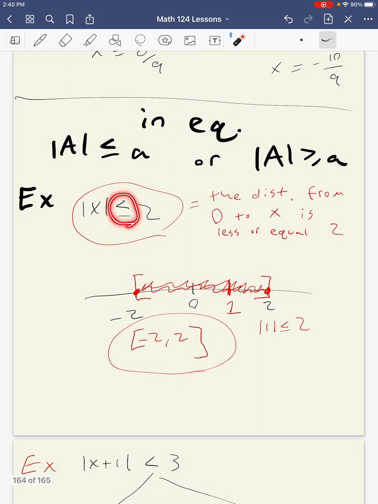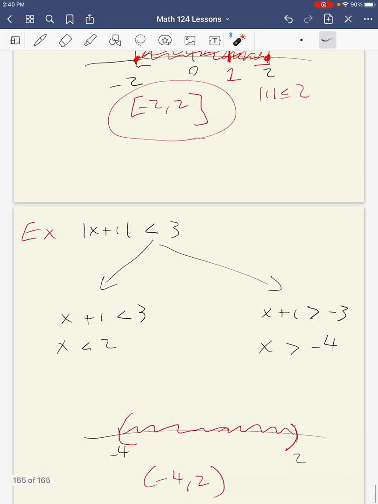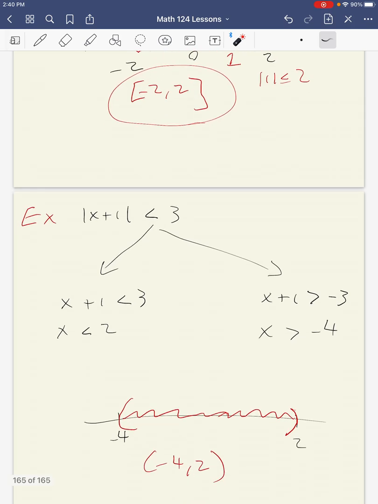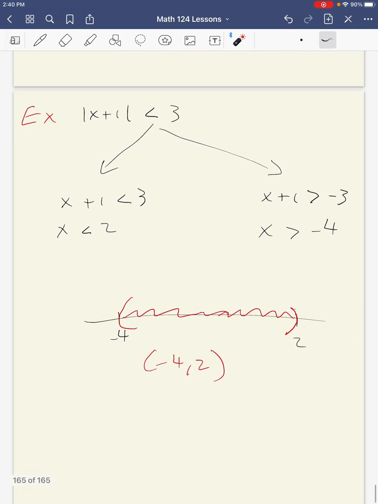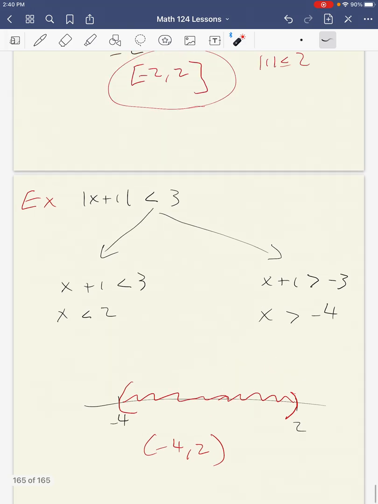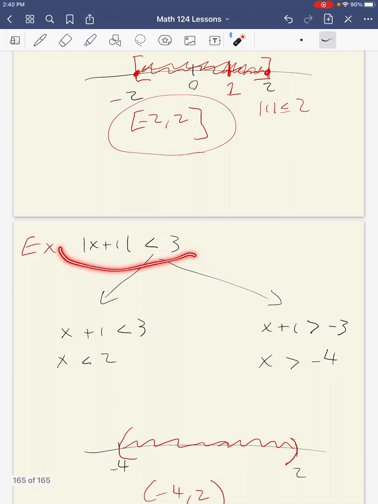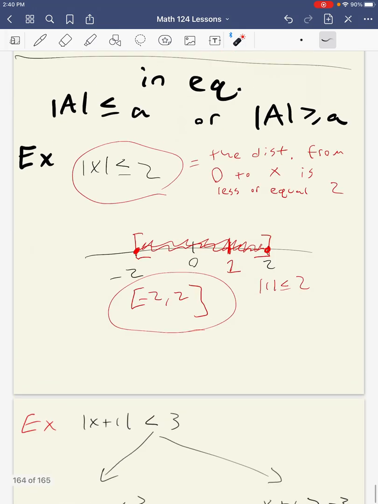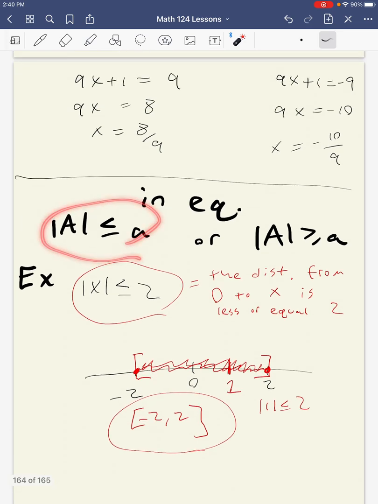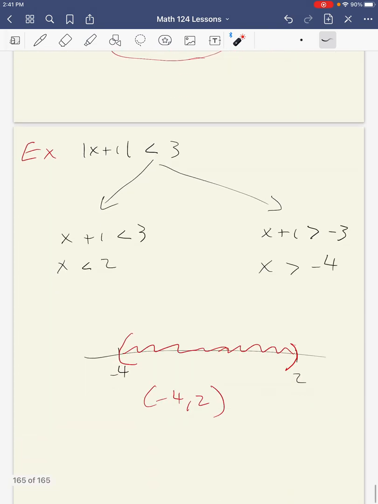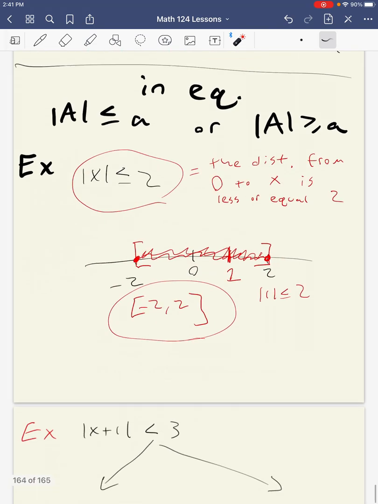In the previous example, we did include equality, so that's why I used the square brackets. So again, when we have problems of this format, our answer will either be a closed interval or an open interval.